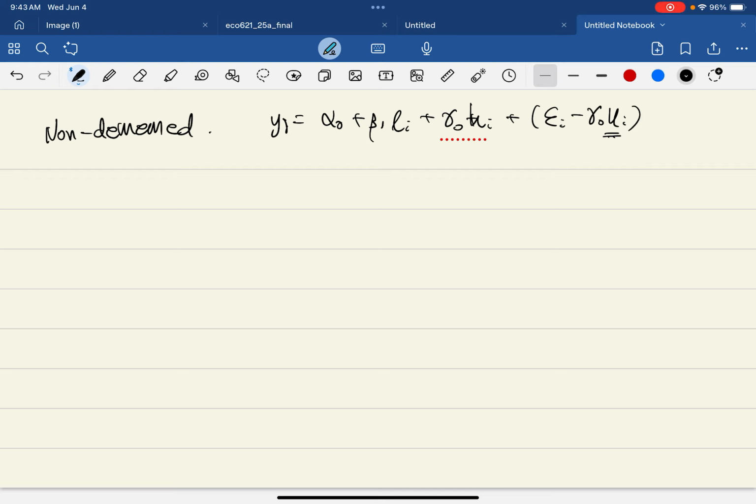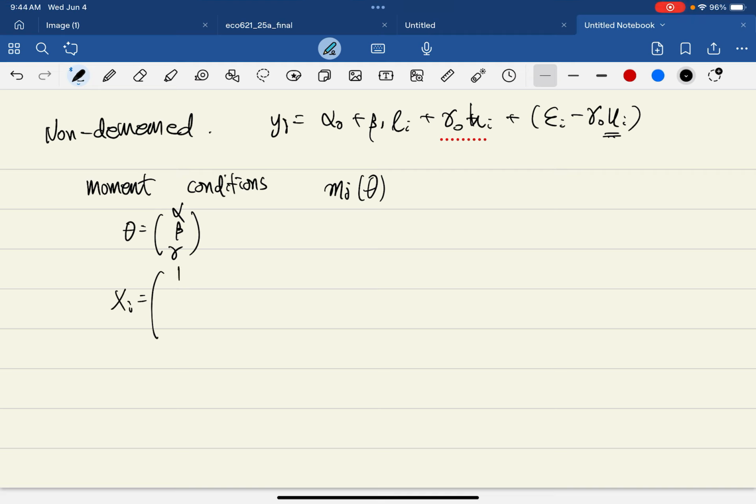And our moment conditions can be written as m_i(theta), where theta is alpha, beta, gamma, and I will define x to include all the regressors, constant, L, H, and Z_i is 1, L_i and G_i.